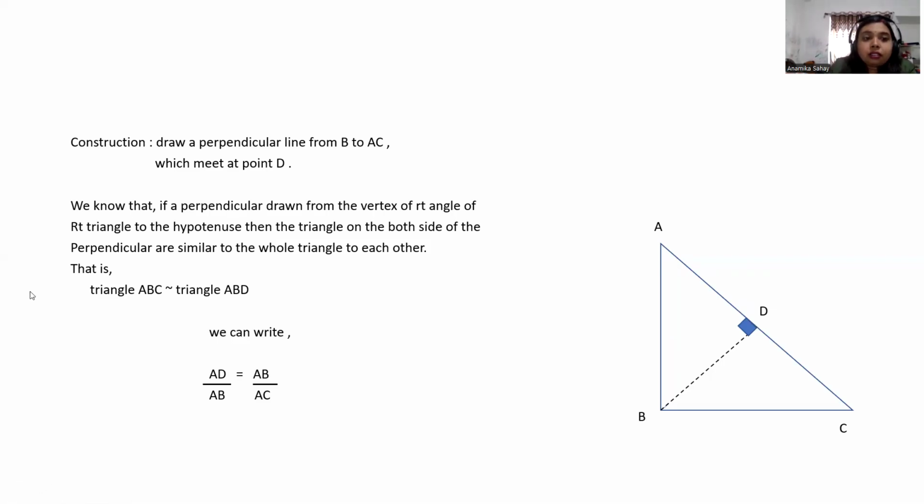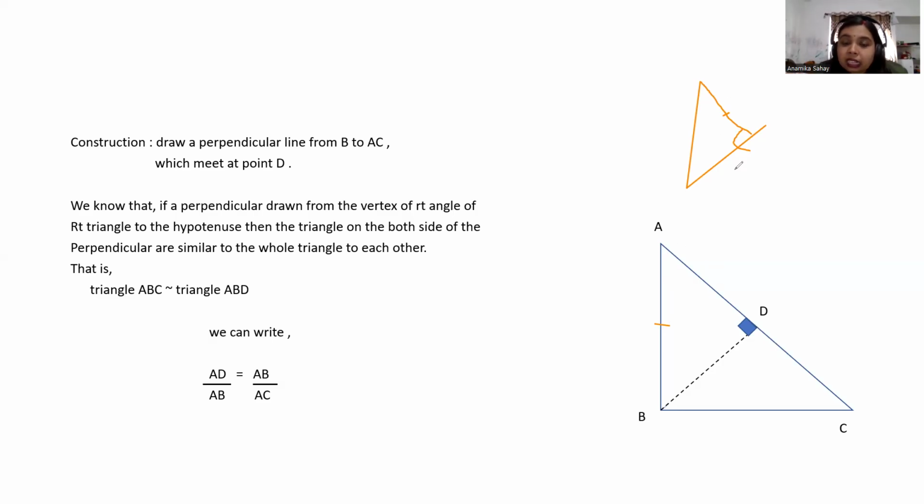Let's make it more clear. Let's make another triangle. Suppose this is ABD, so this one is 90 degrees. We have written AD by AB. So AD is the perpendicular and AB is for the bigger triangle ABC.